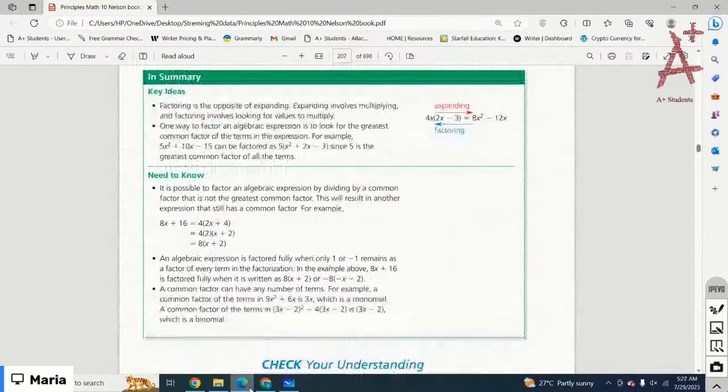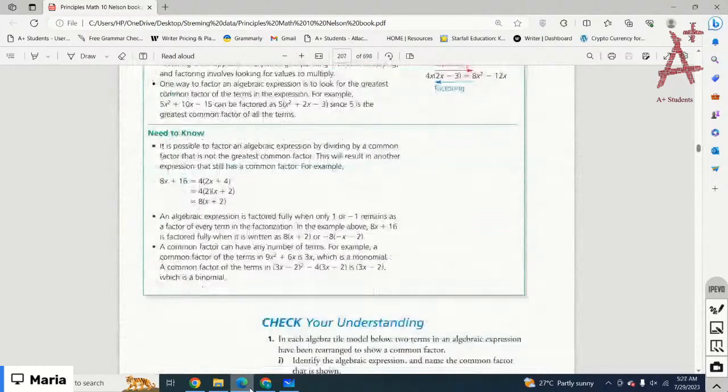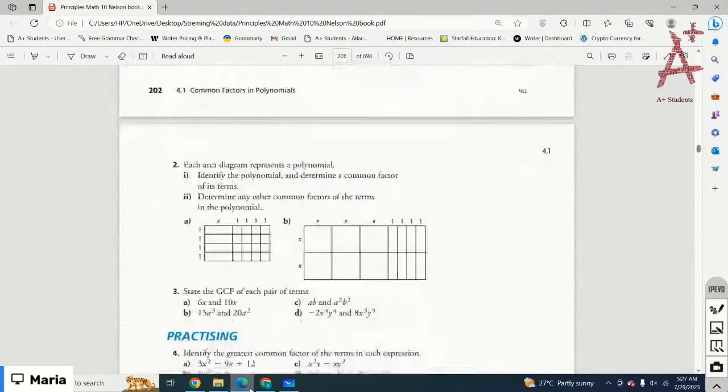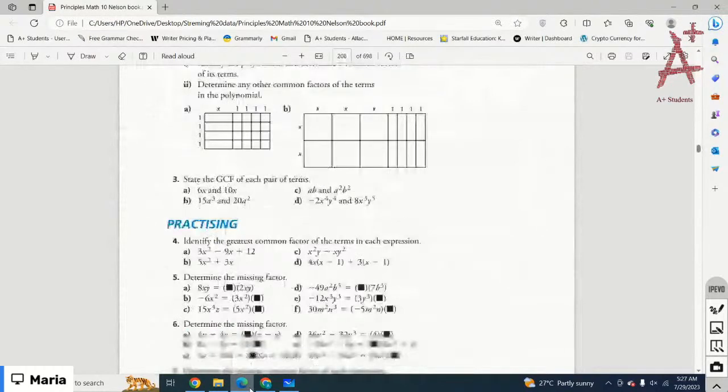Okay, let's just start with the practice questions. Identify the greatest common factors of the terms in each expression. Okay, question number 4a, 3x square minus 9x plus 12.